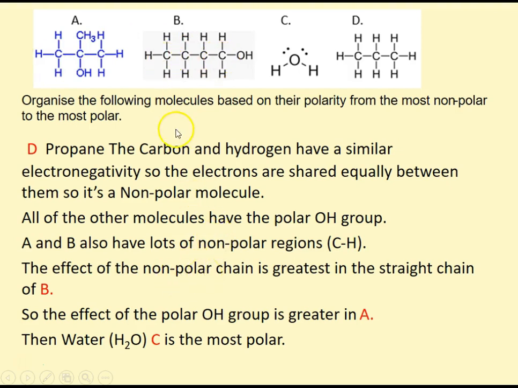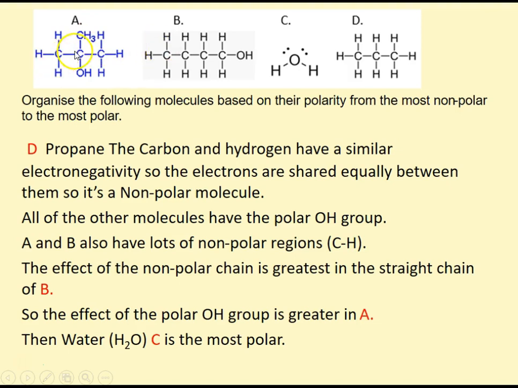The effect of the non-polar chain is greatest when you've got a straight chain. So this one, which is branched and all sort of clumped together. And also I should mention this should have 4 carbons because we've got 4 carbons.